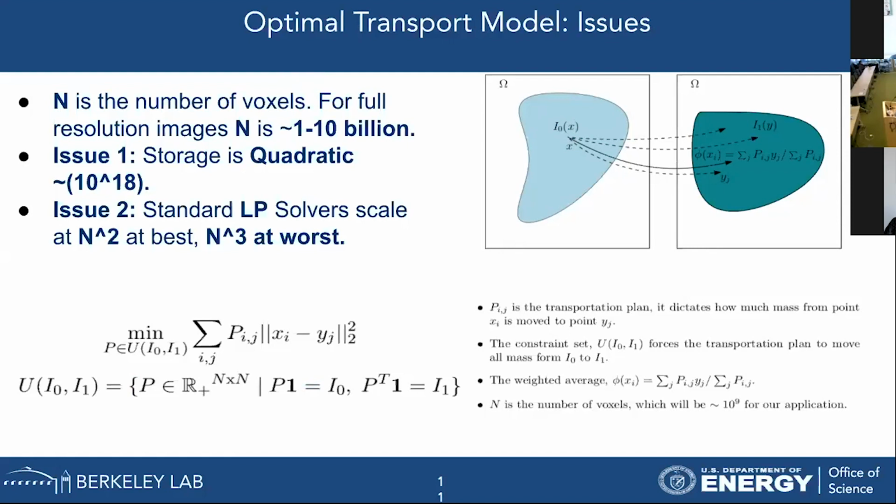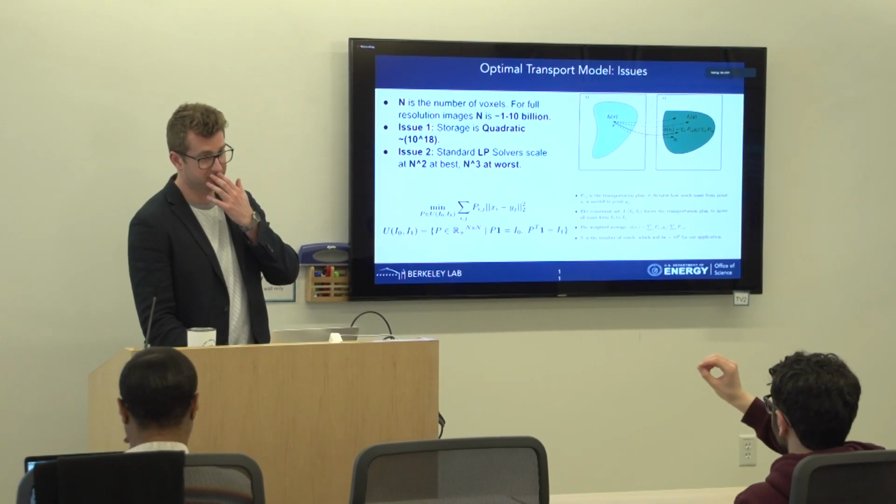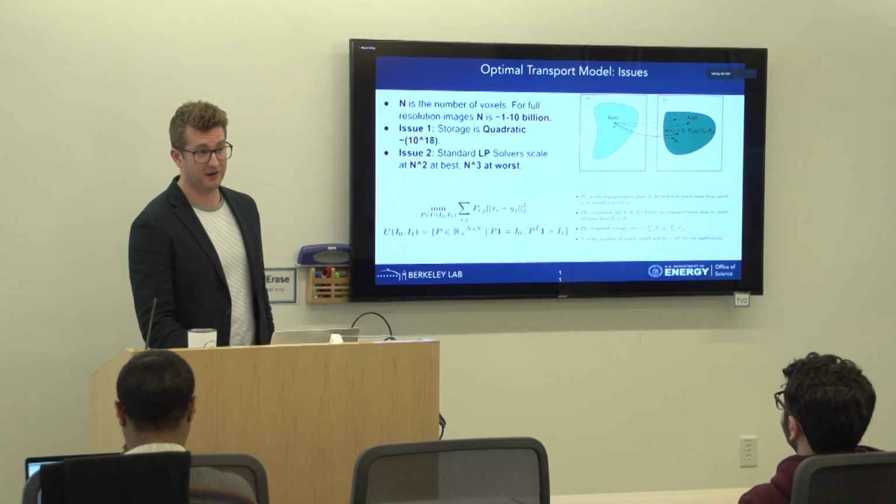Or just that same layer? No, all other points in the image. So for every voxel in the original one, there's an association with every voxel. That's right.